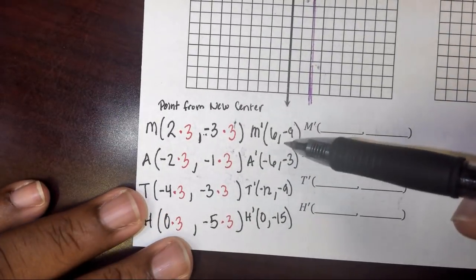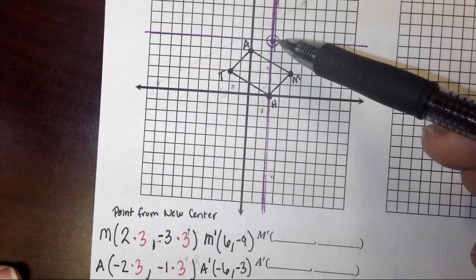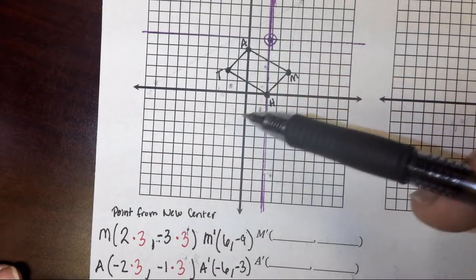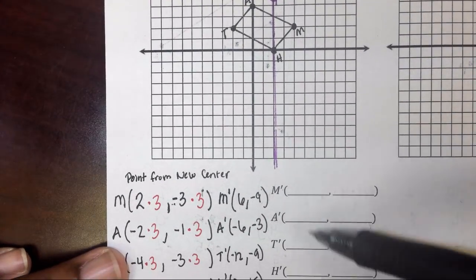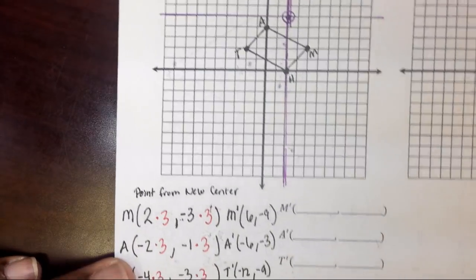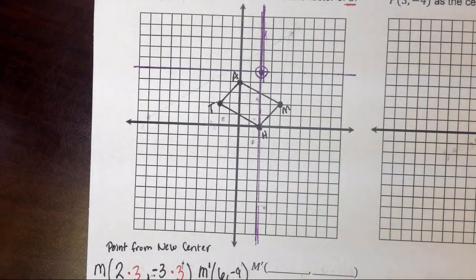Then from there, we're taking these points and going from this new center we got and graphing those points from this center. And once we do that, then we can read off where our points are actually at. So from this center, this purple center, I'm going 6, -9, and graphing a point.